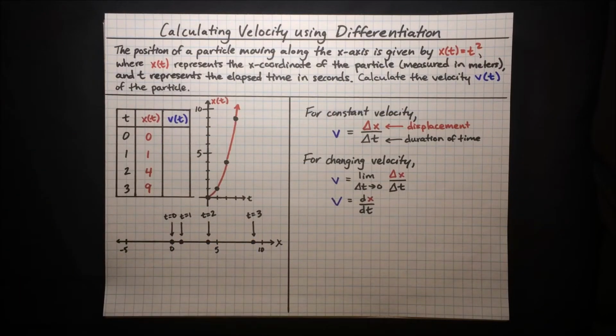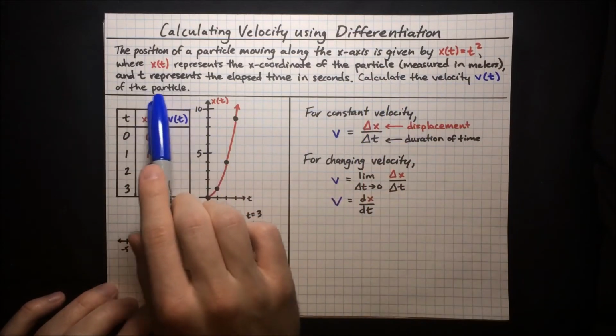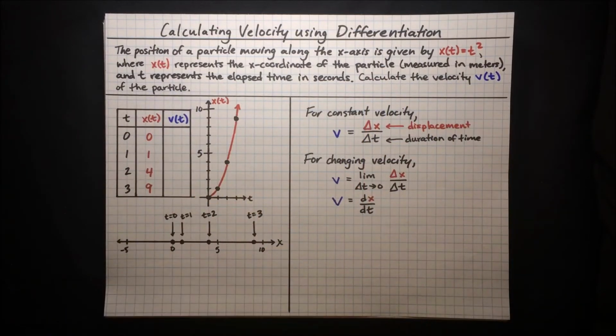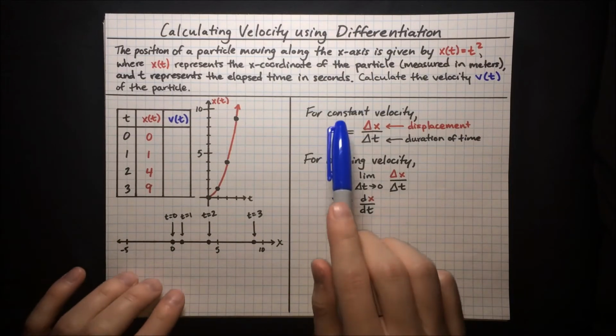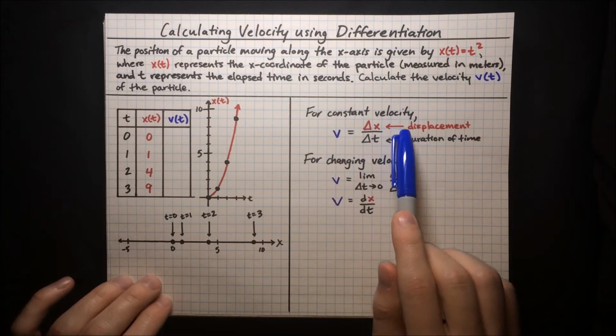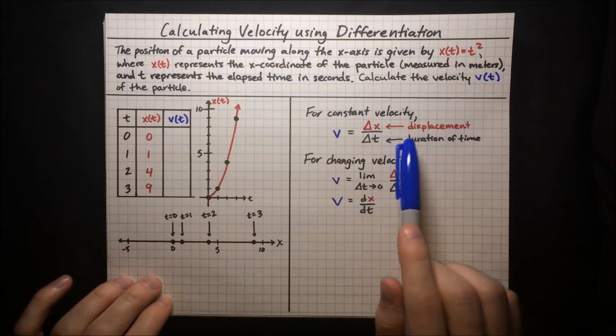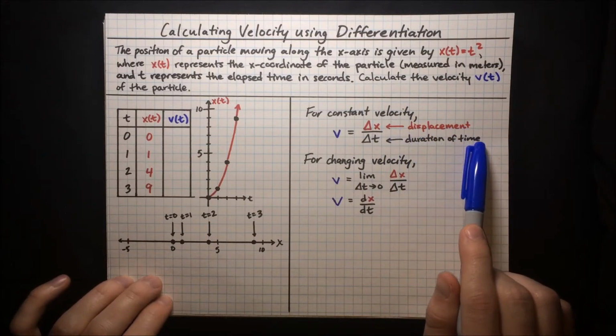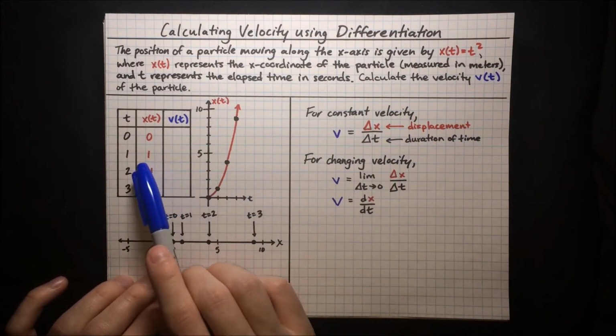So now that we know what the situation looks like, how do we actually calculate this velocity of the particle? Well, remember that for constant velocity, you can just compute it by taking the displacement and dividing it by the duration of time. But in this problem, we don't have a constant velocity.